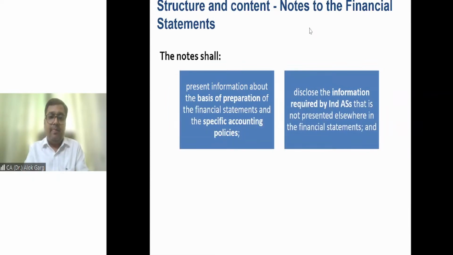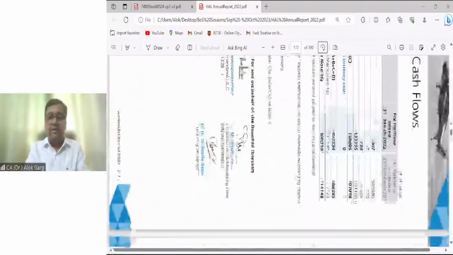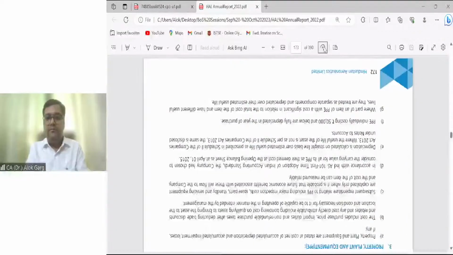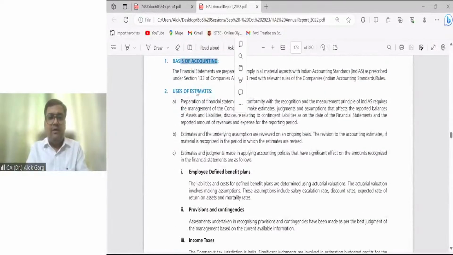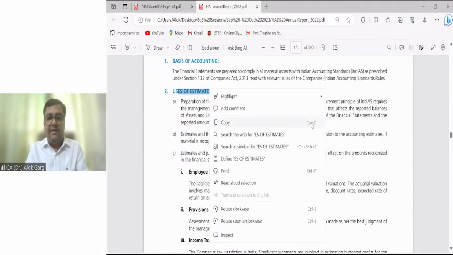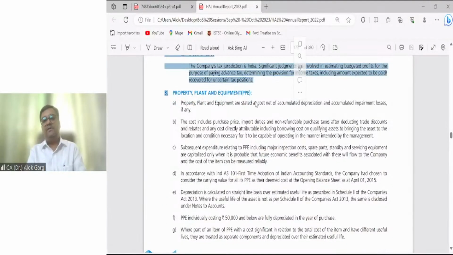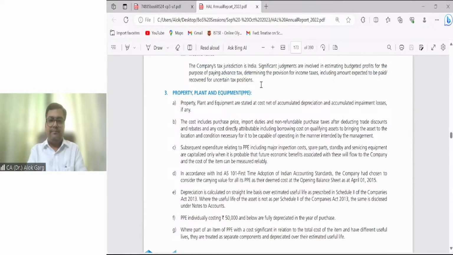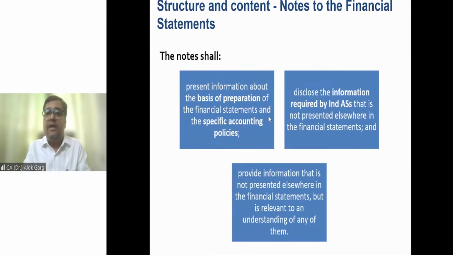You can see that in this Hindustan Aeronautics Limited balance sheet, the company has given the basis of preparation where the basis of accounting is there, use of estimates are there, and then the company has given the specific accounting policies. So the notes shall present the information about the basis of preparation of the financial statement and the specific accounting policies, right? Same as what we were already doing in our IGAP scenario.